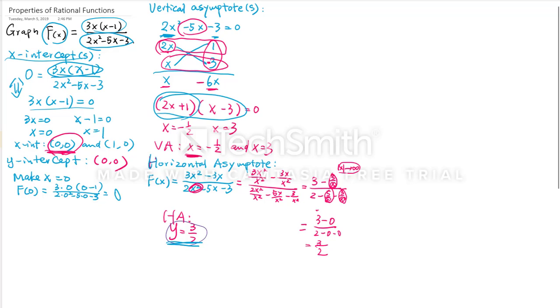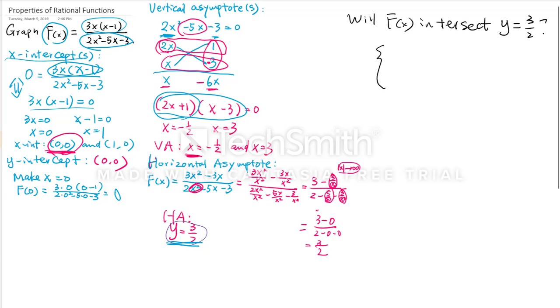The next question is, will our graph f of x intersect with the horizontal asymptote, which is y equals 3 over 2. So to find if two graphs are intersecting, you want to make a system of equations.